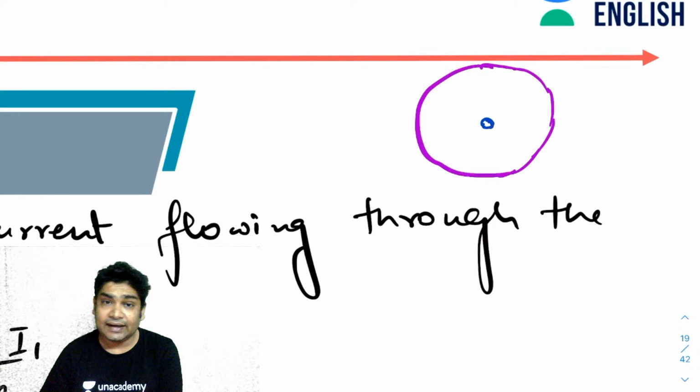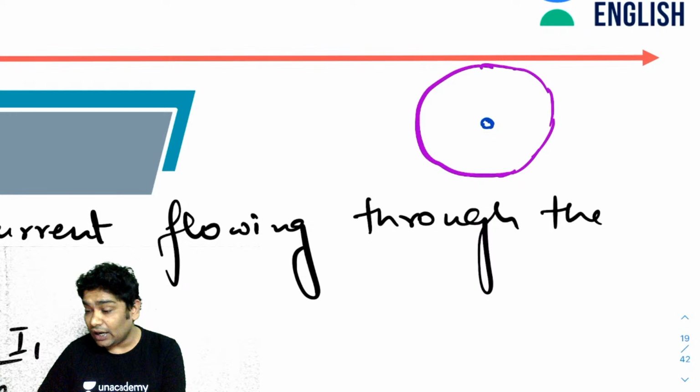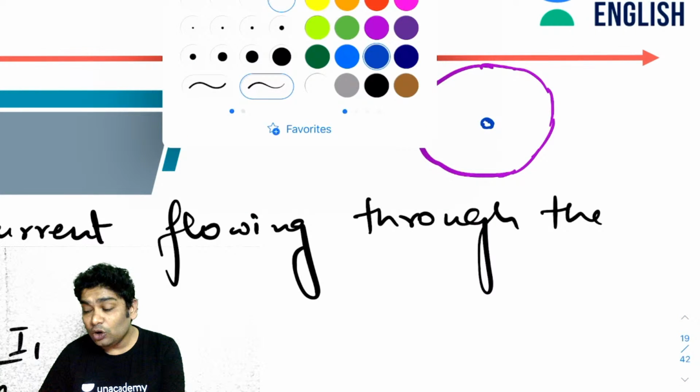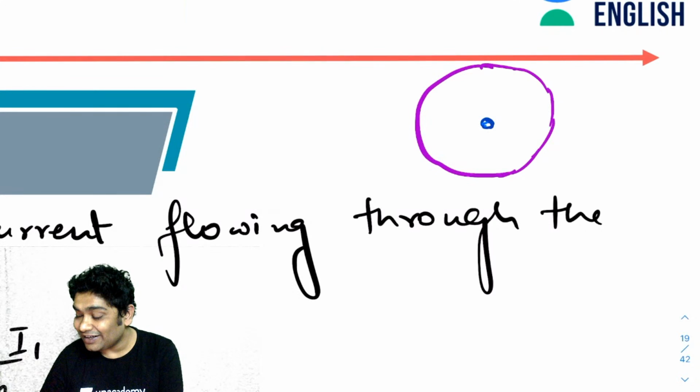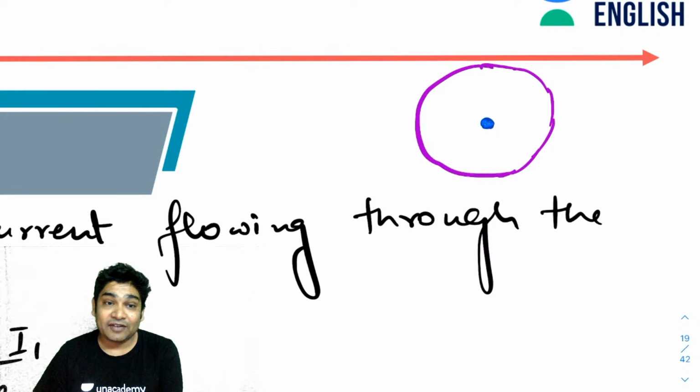So for the entire area of the inner coil, I can assume the magnetic field to be almost uniform, which will be equal to this.